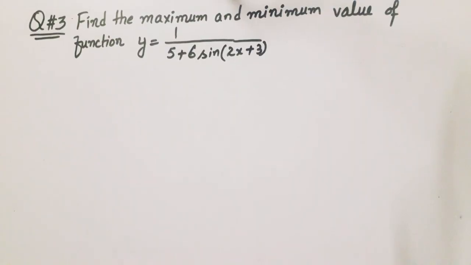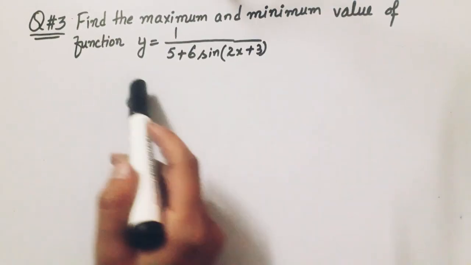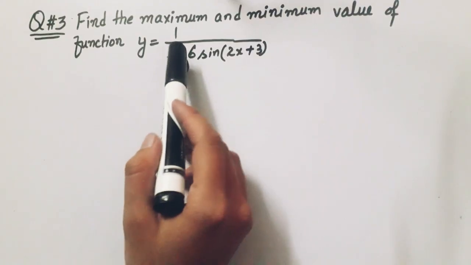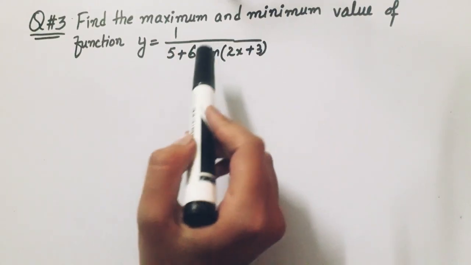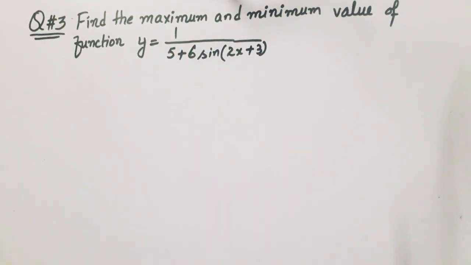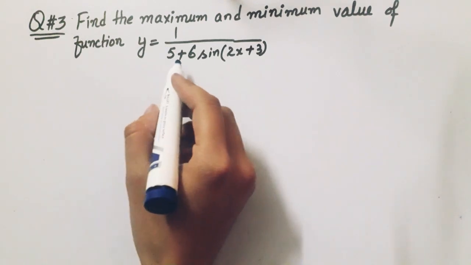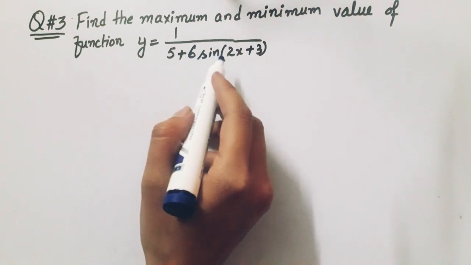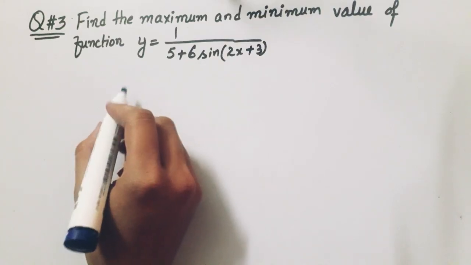Now question number 3 is find the maximum and minimum value of the function y, which is equal to 1 by 5 plus 6 sine (2x plus 3). We will solve this question. We will find the range of the denominator and then solve the question.